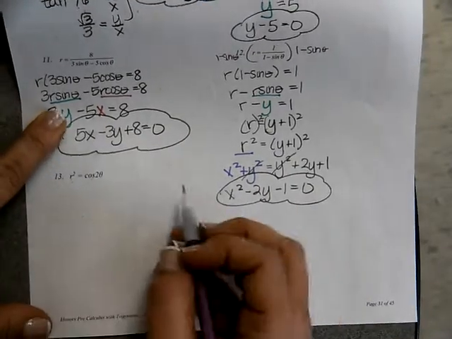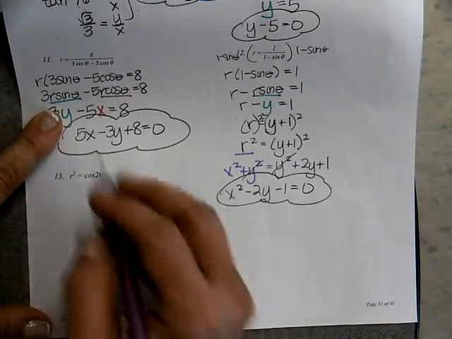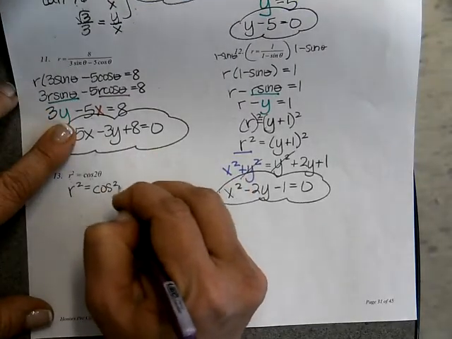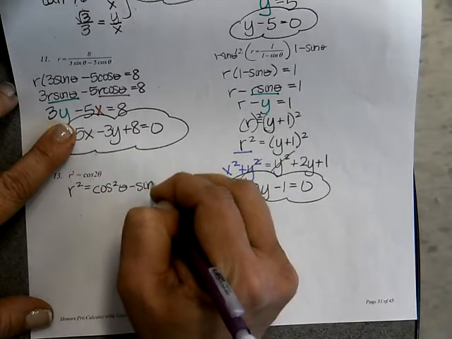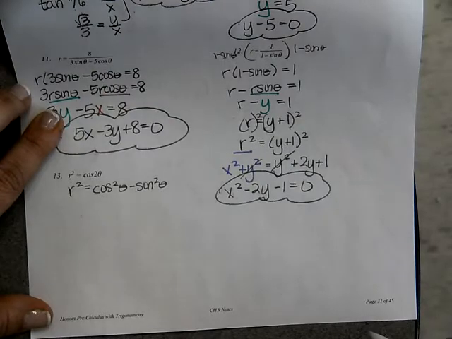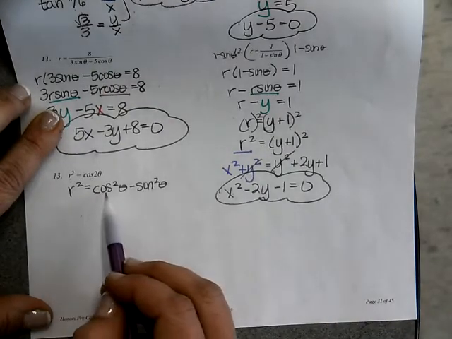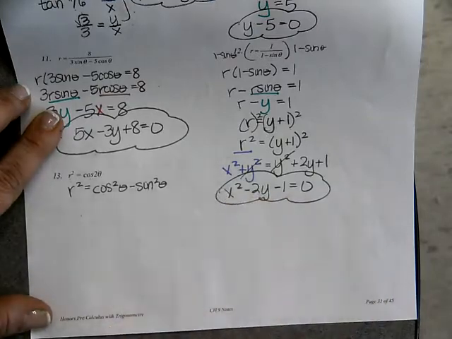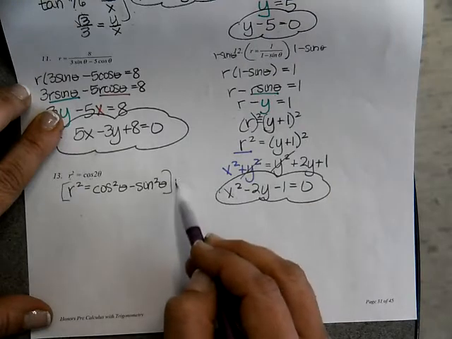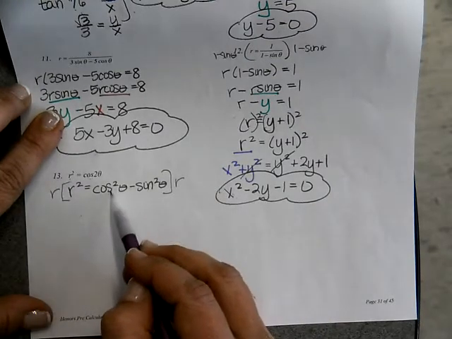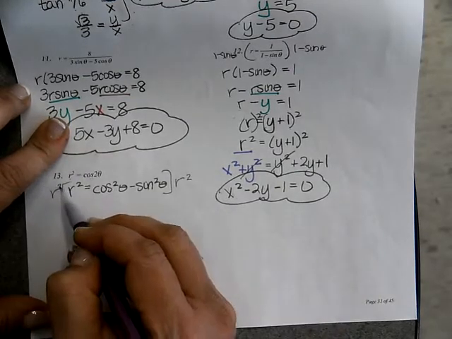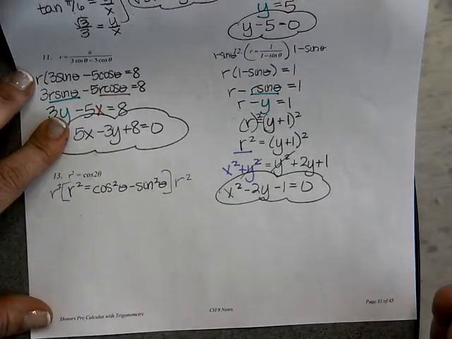So this one, again, takes a lot of imagination. But what we could do is rewrite the cosine of 2 theta as cosine squared theta minus sine squared theta. And then we're going to want r cosine theta and r sine theta. So we need not just to multiply both sides by r, but because I have cosine squared theta and sine squared theta, I'm going to need to put r squared on both sides to do that.